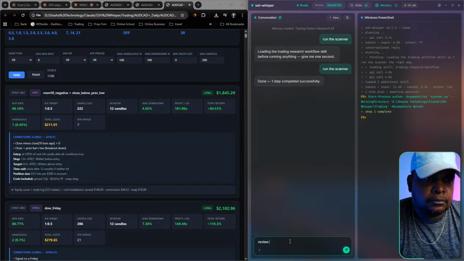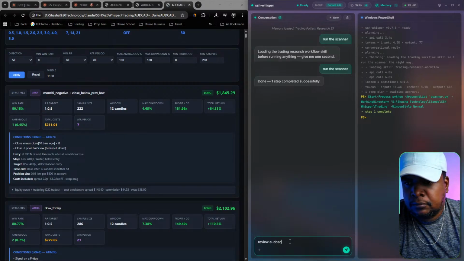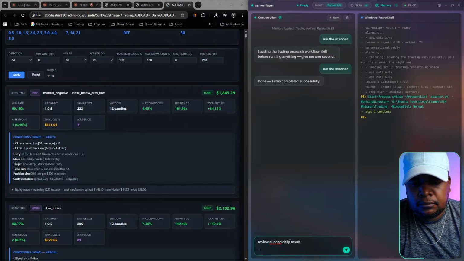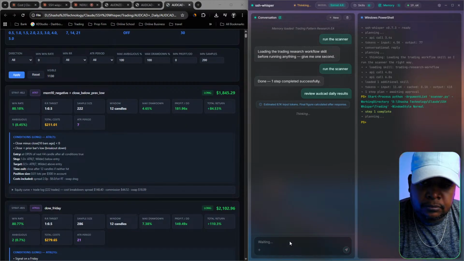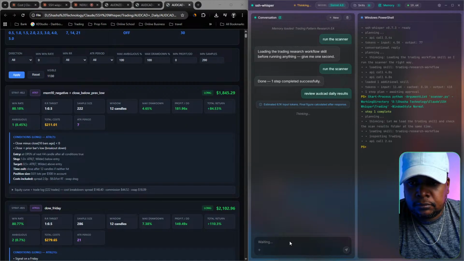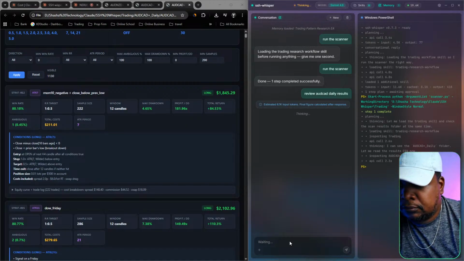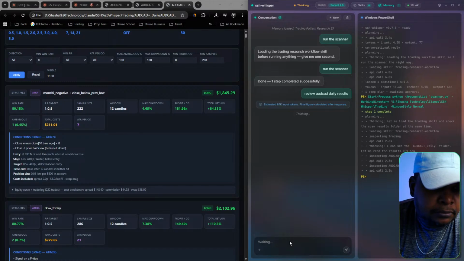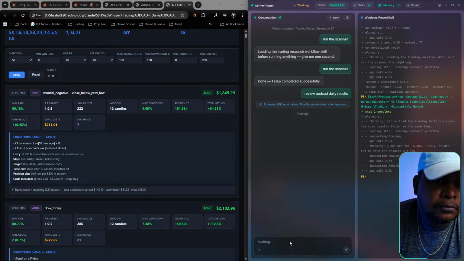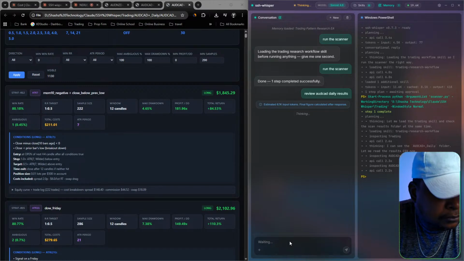Entry standard. Exit close after 3, 6, 12 candles regardless of P&L. This tests, does this pattern work better as a fixed duration scalp versus waiting for TP-SL? Total combinations: Type 1, 3 SL x 5 TP x 2 time equals 30 exit combos.